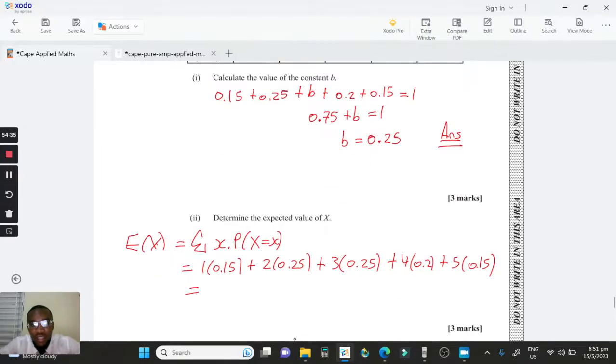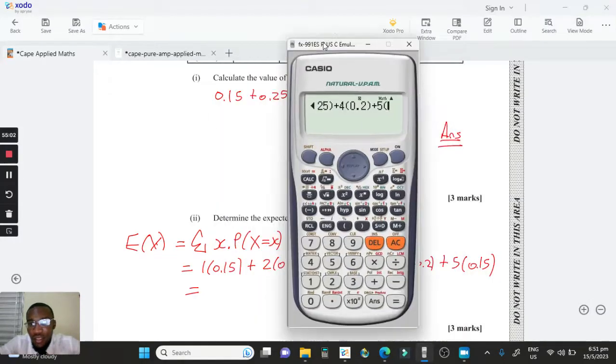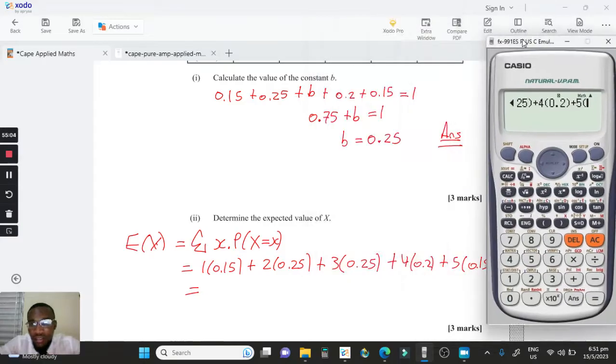I'll put that into our calculator. 1 times 0.15 plus 2 times 0.25 plus 3 times 0.25 plus 4 times 0.2 plus 5 times 0.15.